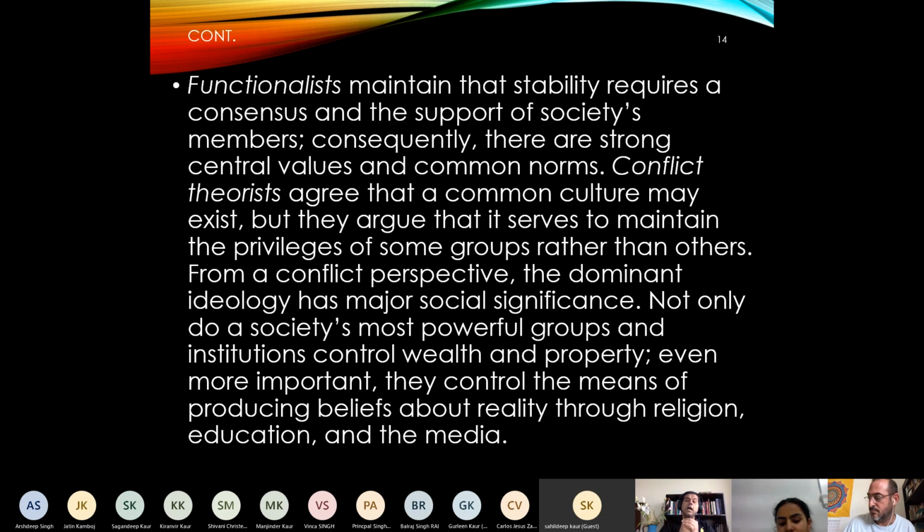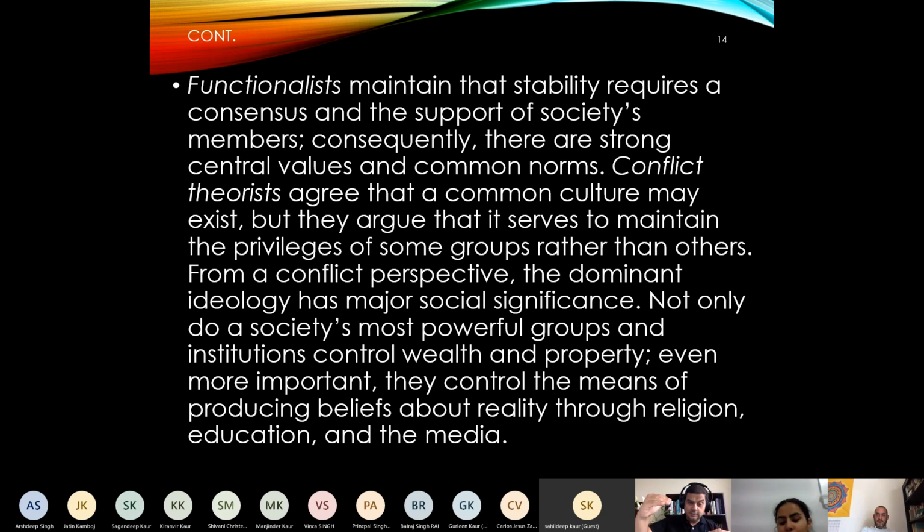And that's why it is called conflict, because it says that the society is not just one united body of people who all have the same interests. But it says that there is a minority which is very powerful, economically powerful, politically powerful, and socially powerful as well, and it tries to exploit everybody else in order to maintain and maximize its own interests.